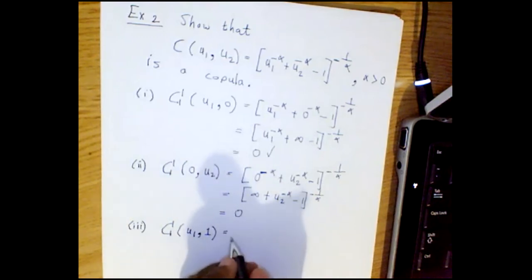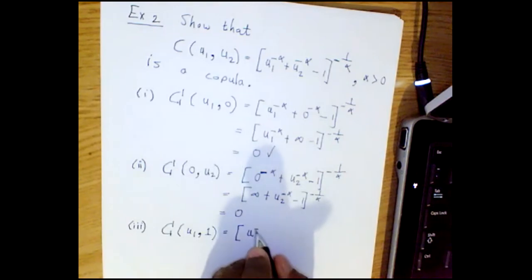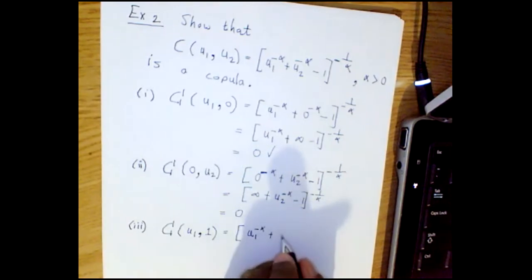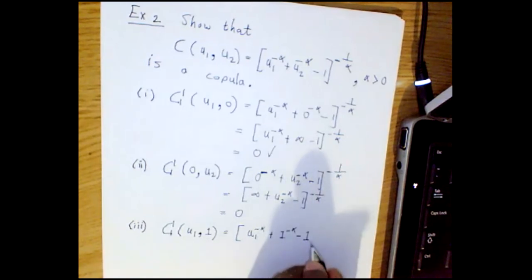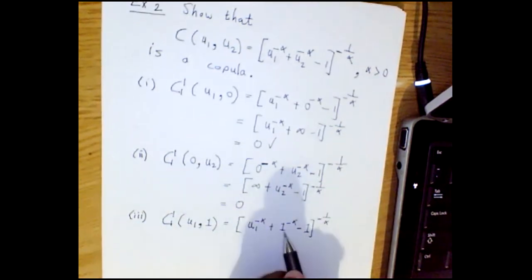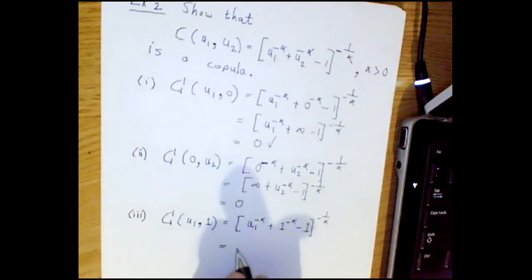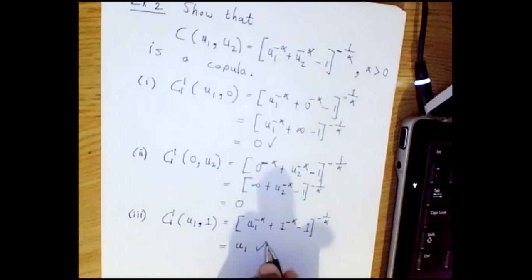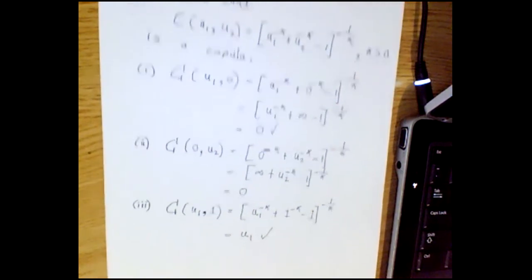So this is going to be, right, now 1 minus 1 is 0. So this will be equal to U1. So this condition is satisfied.